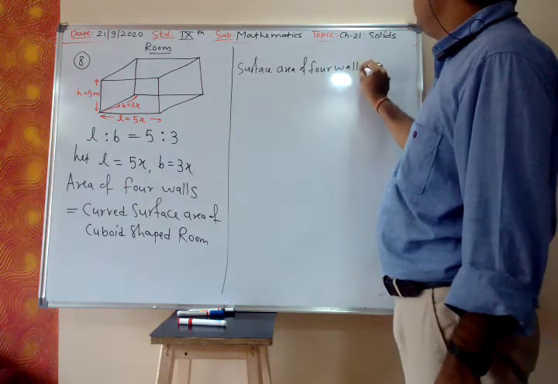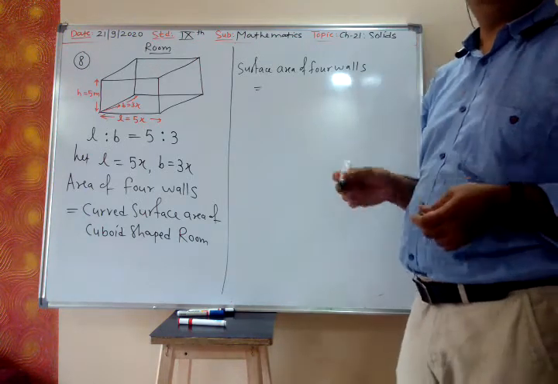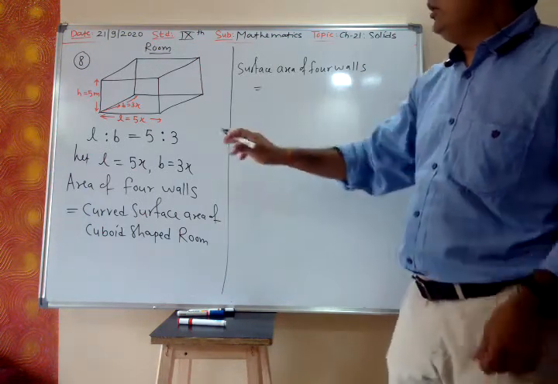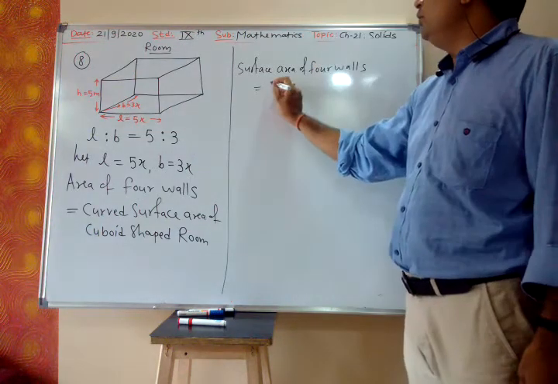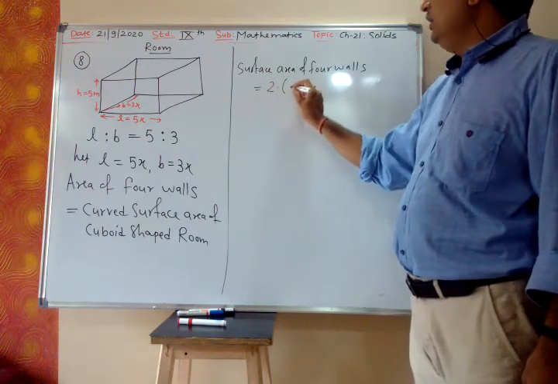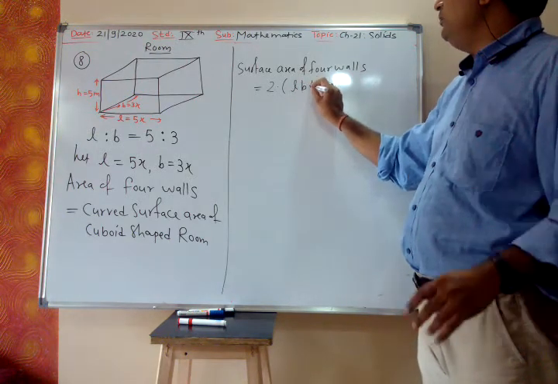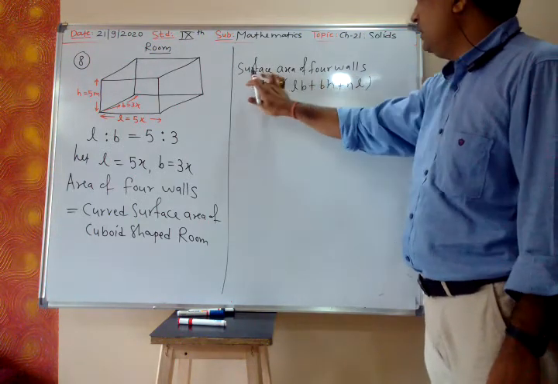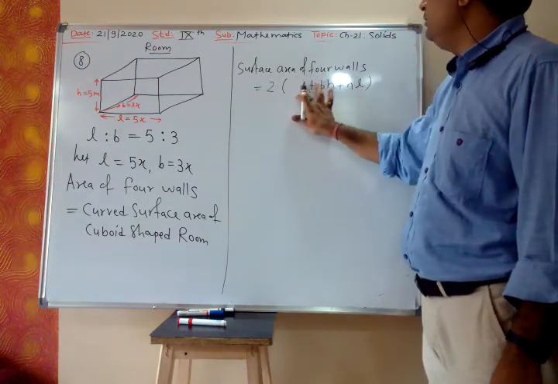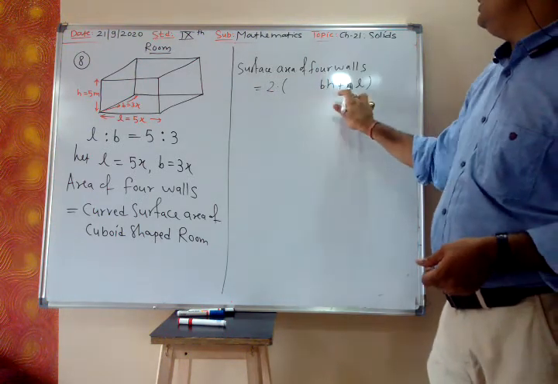Surface area of 4 walls is equal to, what is the formula for curved surface area of cuboid? For cuboid we remove the LB part. So what is that? 2 into, see, total surface area is LB plus BH plus HL. But for curved surface area we remove this part, LB. Bottom and top are removed. So only BH and HL is left.